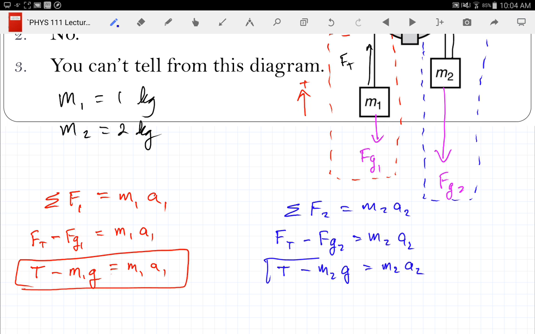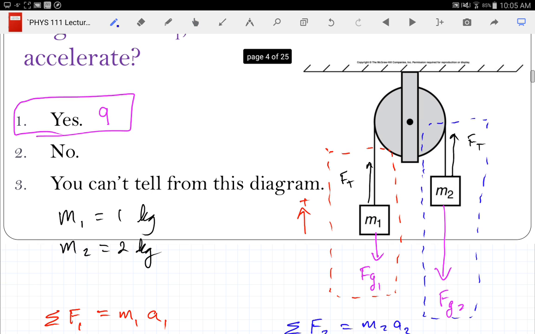Now I have 2 equations, and I have those 2 unknowns, tension and acceleration. But I have A1 and A2, so technically that's 3 unknowns. But there's a relationship between the acceleration of number 1 and the acceleration of number 2. And what would that be?